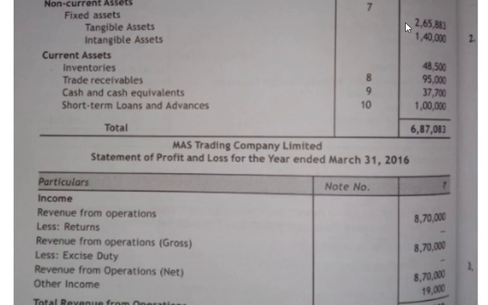Under your current asset we have inventories 48,500, trade receivables working note number 8, 95,000, cash and cash equivalents working note number 9, 37,700, and short term loans and advances working note number 10, 1 lakh.